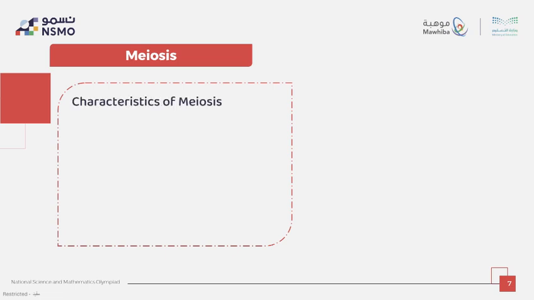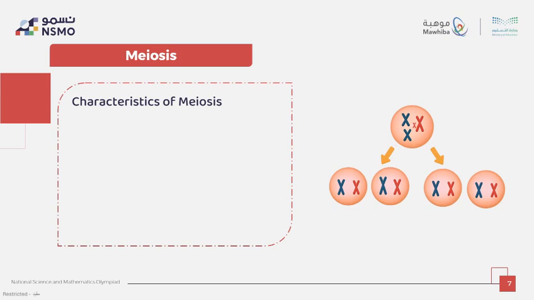Let's start with the characteristics of meiosis, and let's look at this diagram. This diagram represents meiosis, where homologous chromosomes separate, resulting in 4 cells, each containing only one set of chromosomes. Also, you can see there are 2 colors, red and blue.